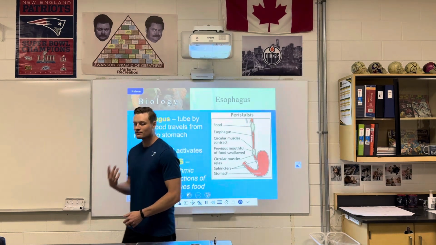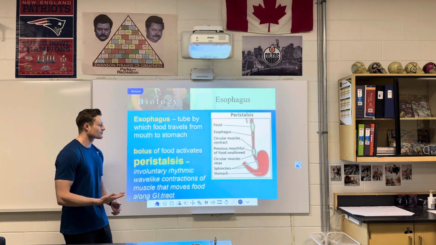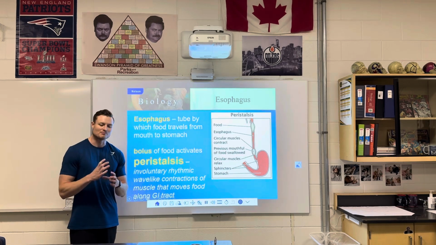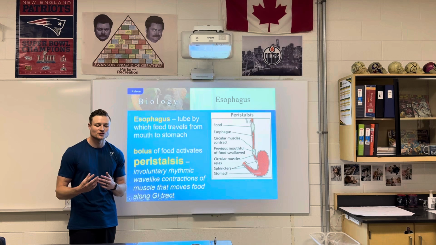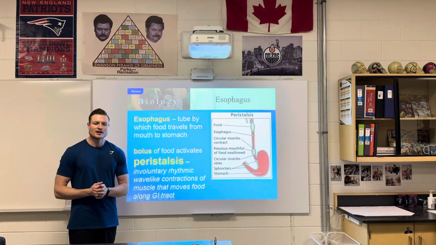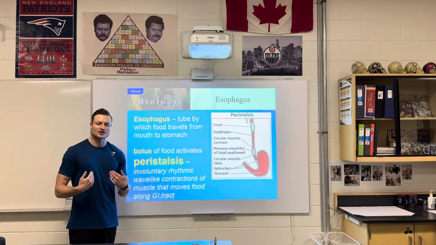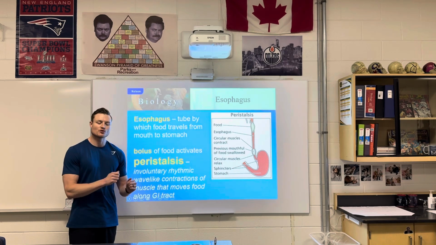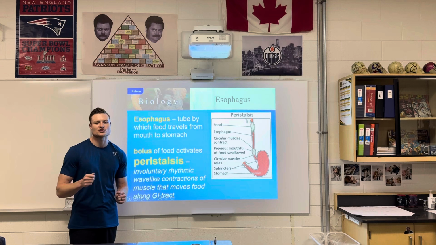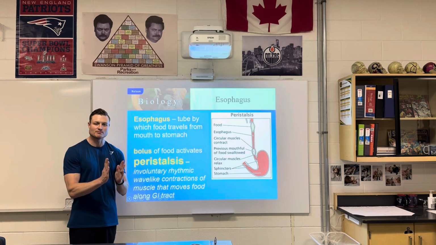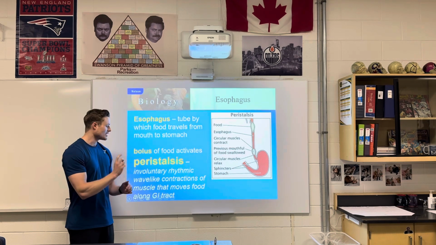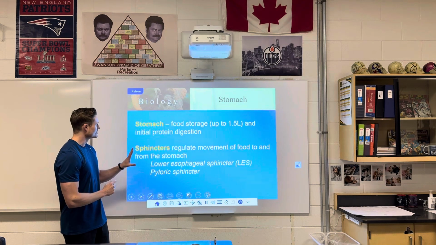Now, once you're done chewing, you're going to swallow your food, and that food is going to then travel down your esophagus as a big lump of undigested food called a bolus. It's going to move down your esophagus by involuntary muscle contractions of the smooth muscles of the esophagus called peristalsis. This peristaltic movement is going to push the food from the opening of your esophagus all the way to the end and then into your stomach.